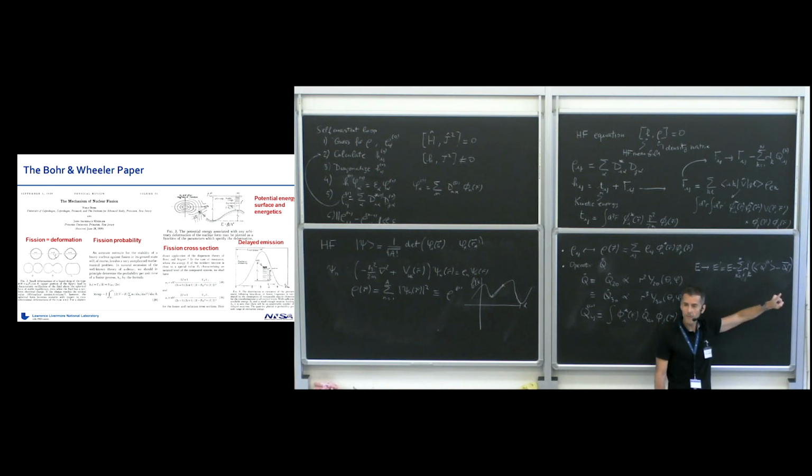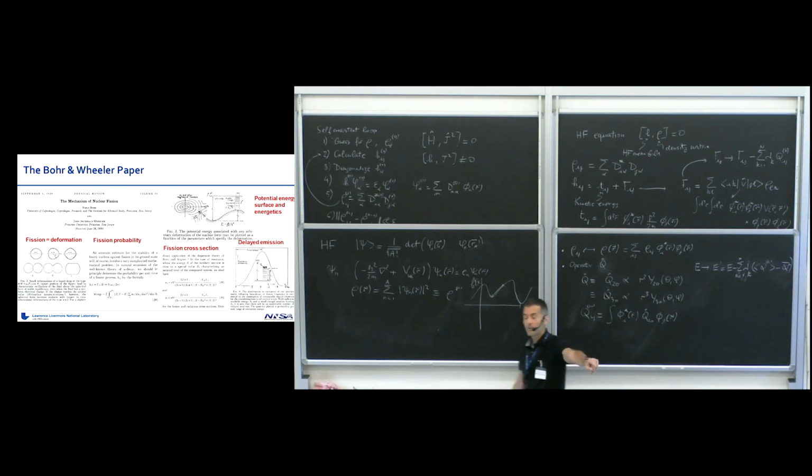I went a little fast, so I don't know if it's really clear. The Ring-Schuck textbook has several pages on this, I believe, and this is one of the references that I have in my notes. So with these techniques of putting constraints on the Hartree-Fock solution, we can explore a whole potential energy curve or a whole potential energy surface.